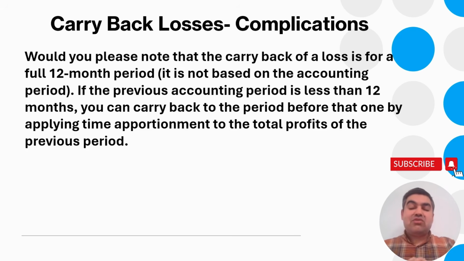In theory, we can say we cover the previous 12 months, even where the previous accounting period is shorter than 12 months. But remember, in the exam you will be tested on the theory. So if the previous accounting period is shorter than 12 months, you can pick up some more months from the period before the previous accounting period. That's very basic. However, a complication arises, because in practice you can just carry back to the previous accounting period. So that's how it works.